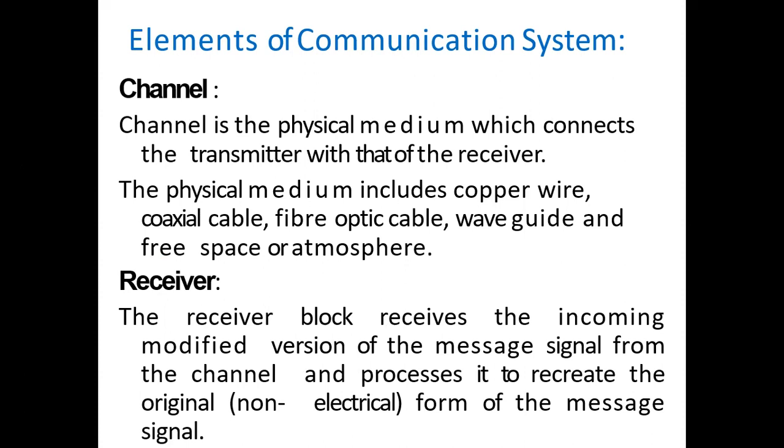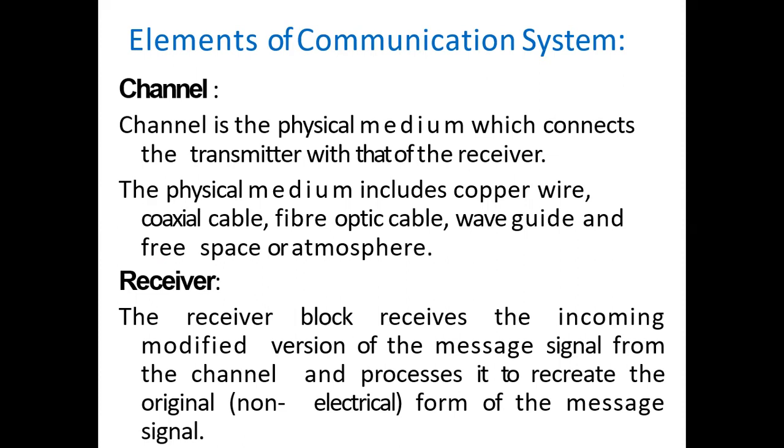Then, coming to the next element, the channel. It acts like a medium from transmitter to receiver to transmit our information. It connects the transmitter and receiver. This channel may be a copper wire, coaxial cable, optical fiber cable, or it may be wireless.